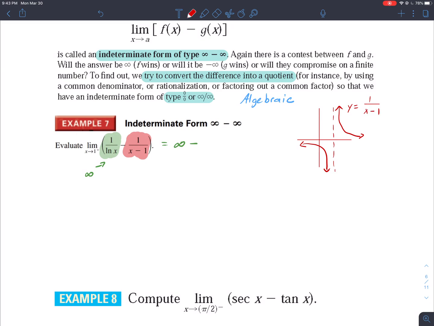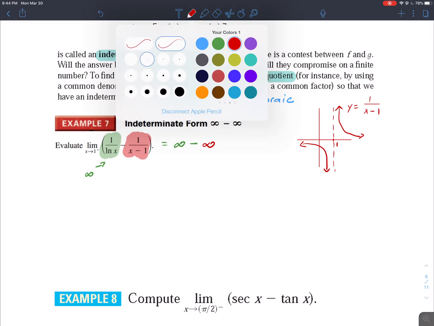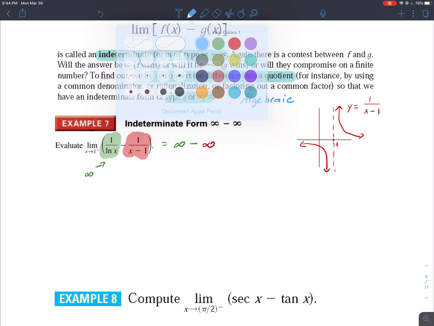And of course, as x approaches 1, this is the x value of 1 here. As x approaches 1 from the right side, we've got positive infinity going on, right? So we do have infinity minus infinity. It's just I haven't proven that green one to you. I'm just asking you to take it upon faith. Sorry about that. All right, so let's move on.